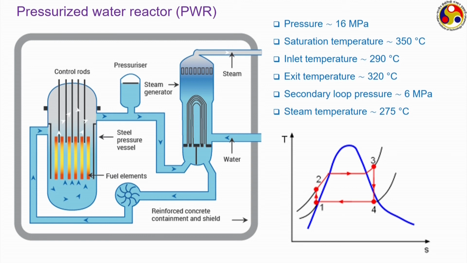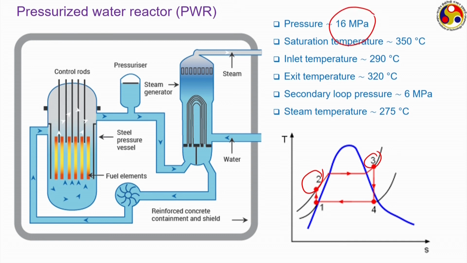In a nuclear power plant, the process that is done inside the boiler in conventional coal based power stations is replaced by the reactor. But one difference between coal based power stations and PWRs is that the energy released during fission is much higher compared to the energy released during coal combustion. But the question is, how can we ensure this system pressure of 16 megapascal?